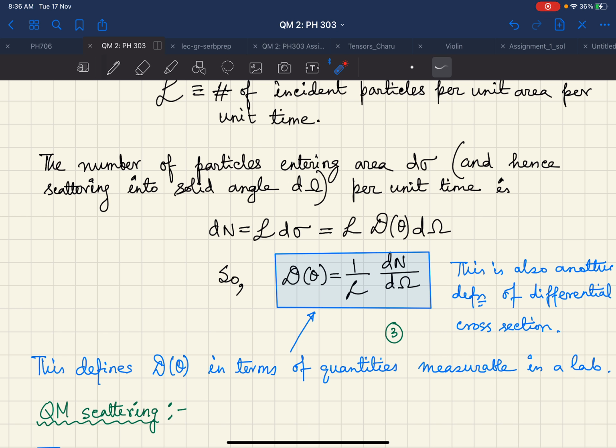And also I want you to look at the one-dimensional examples that you have already done in your PH 204 course, because what we are going to do here is basically all three-dimensional calculations. But I request you to look at the one-dimensional examples as well as the S matrix approach that was discussed in there.